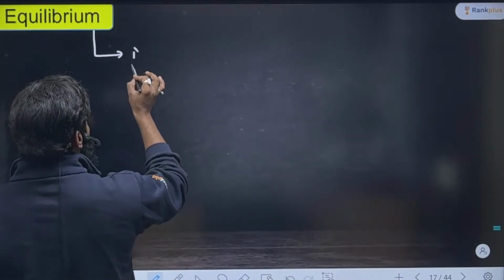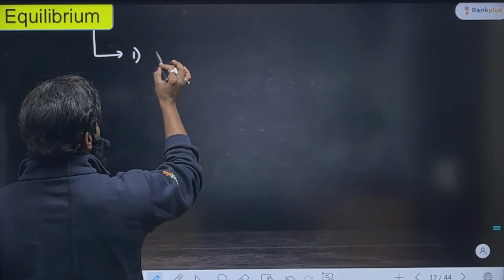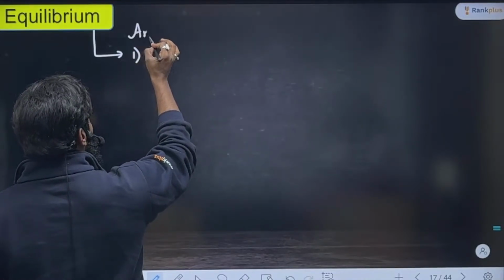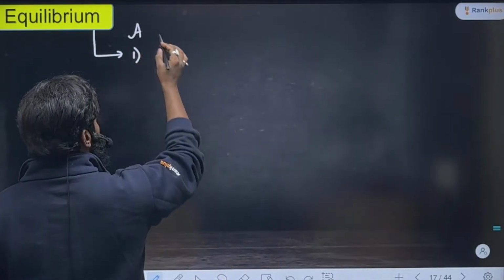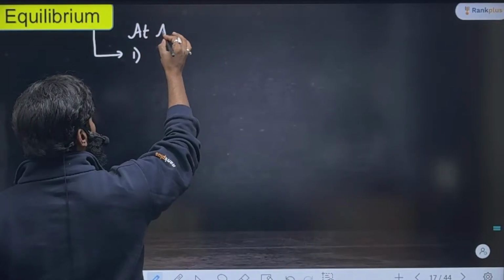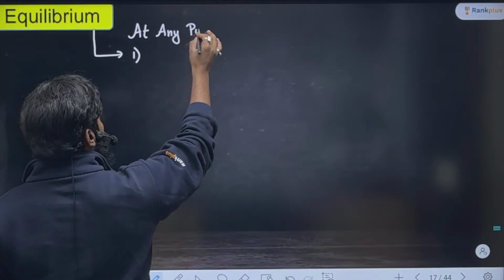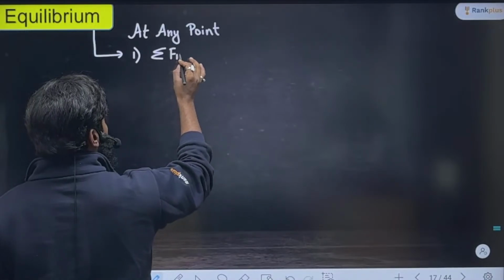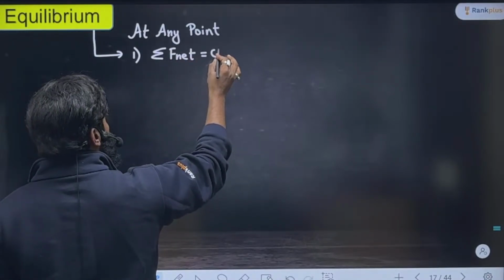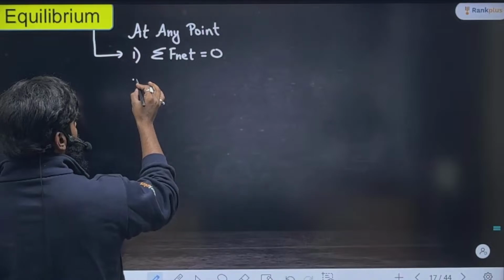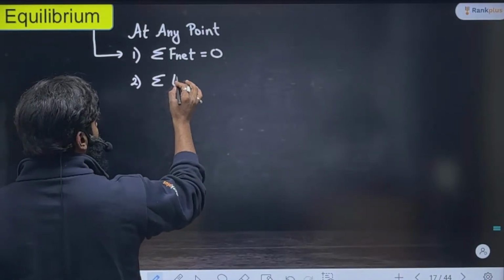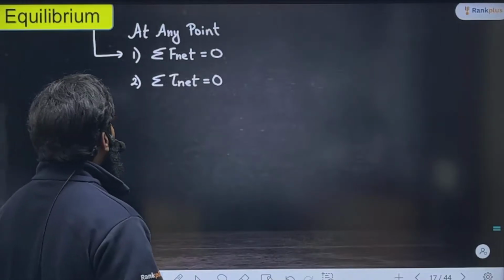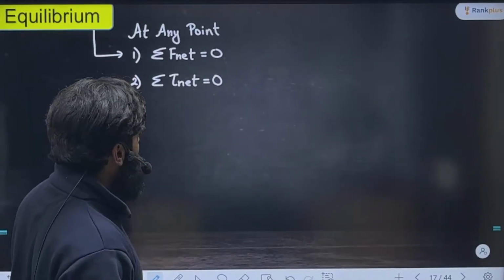In physics, equilibrium means that at any point, summation of F net is equal to 0, and summation of torque about a point is equal to 0. Then I can say that there is an equilibrium.